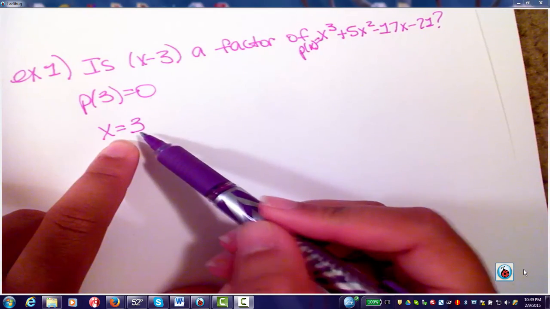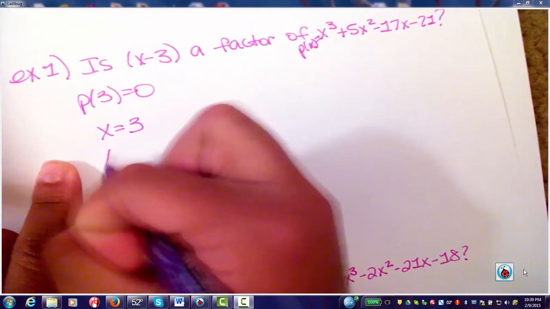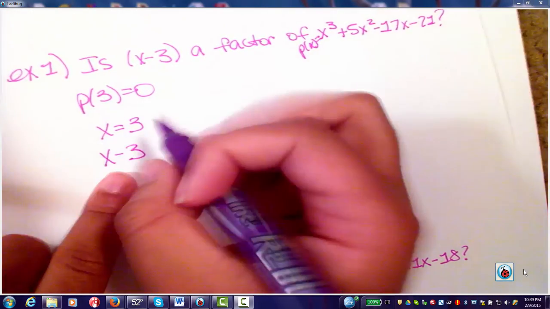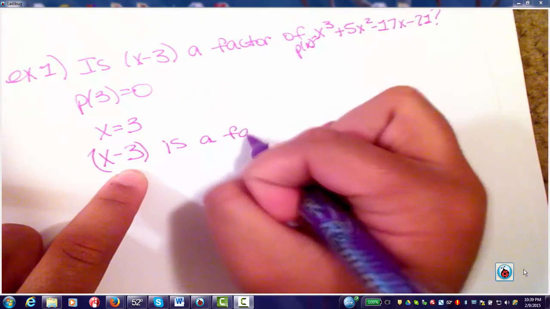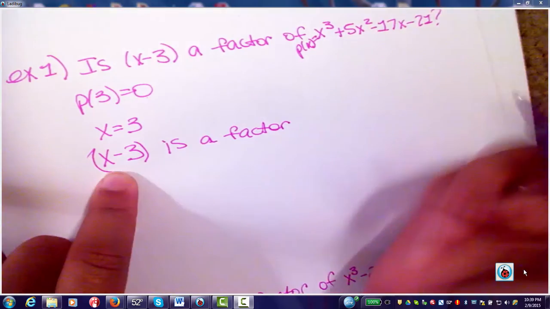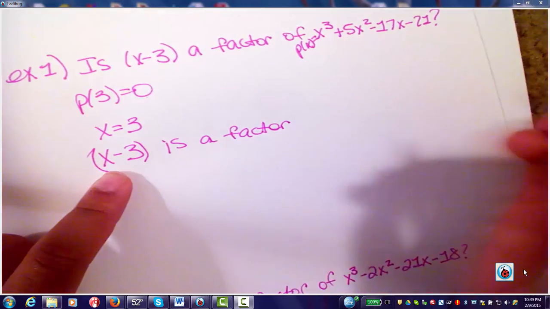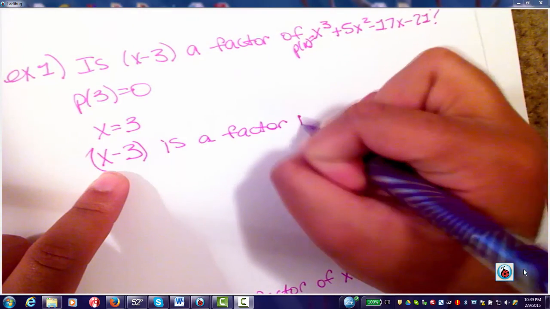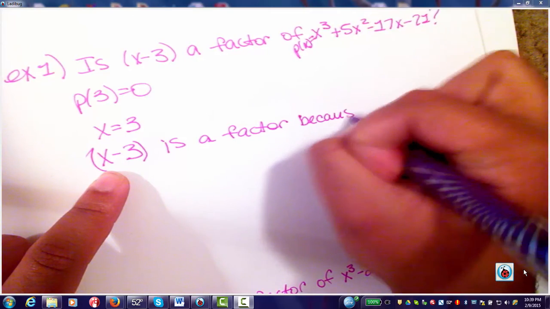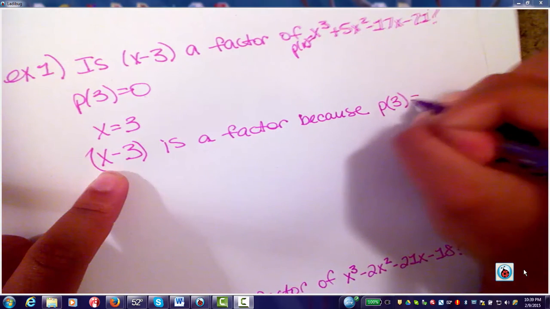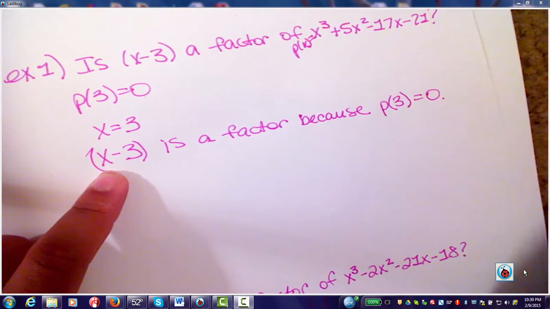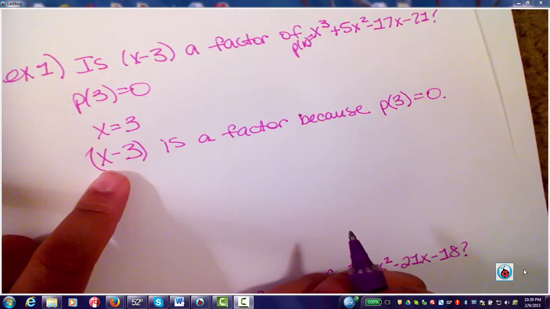So since we know that this is a 0, we will know that x minus 3 is a factor. So x minus 3 is a factor because p of 3 equals 0.